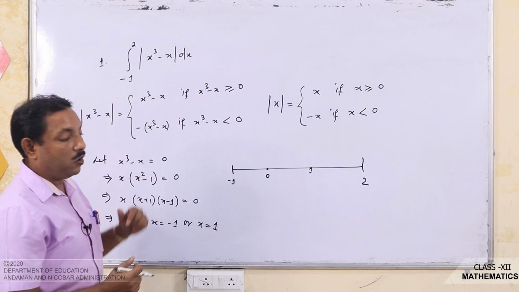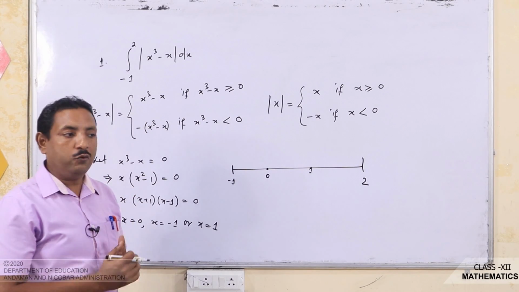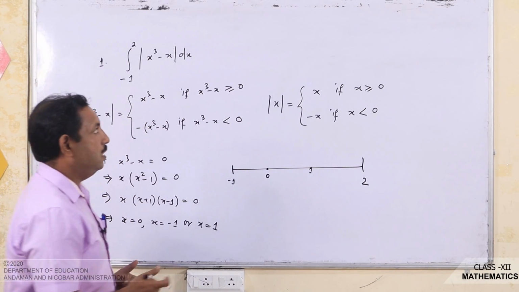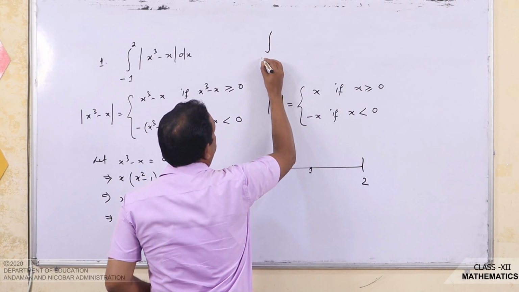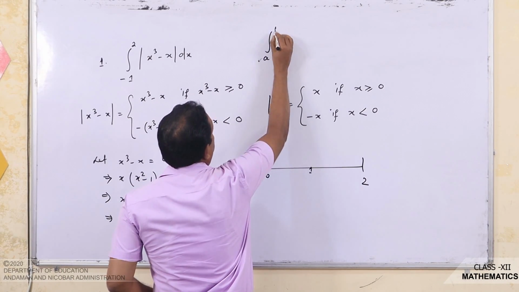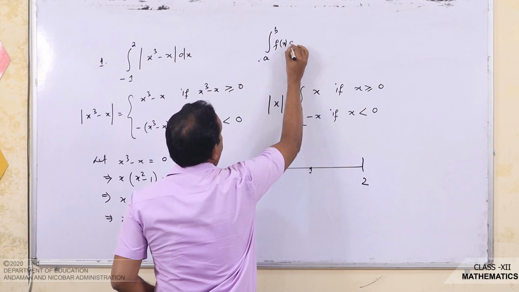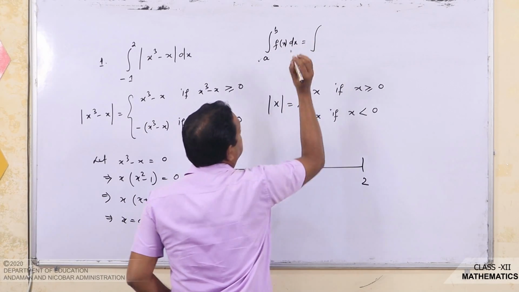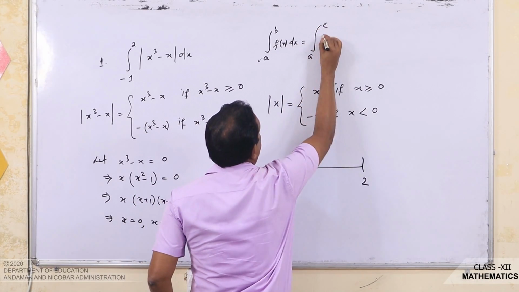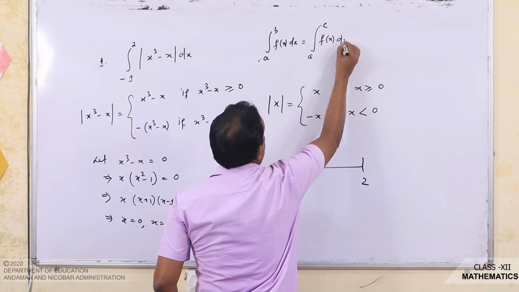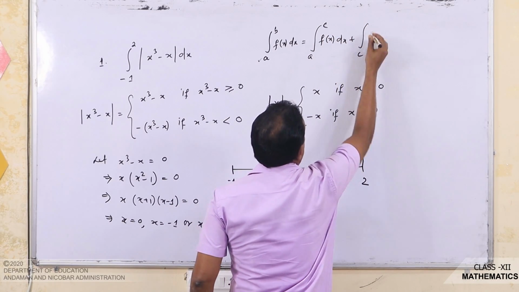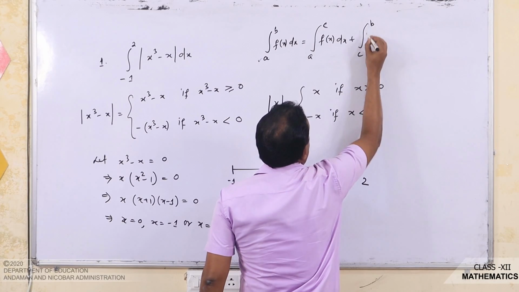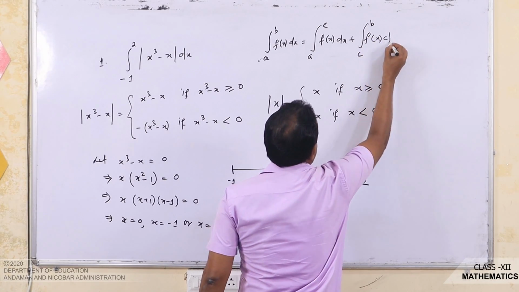Now, as per property number P2, what do we know? P2 says that the integration from a to b of f of x dx can be subdivided as the integration from a to c of f of x dx plus the integration from c to b of f of x dx.